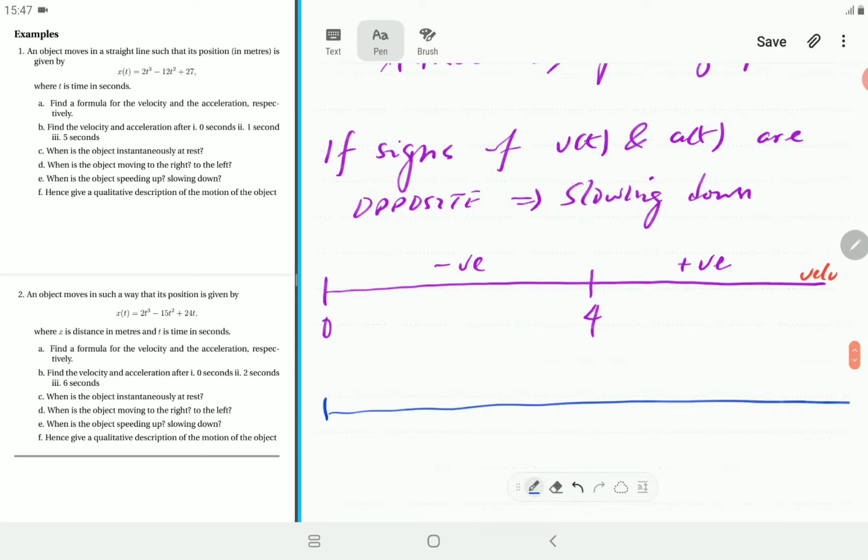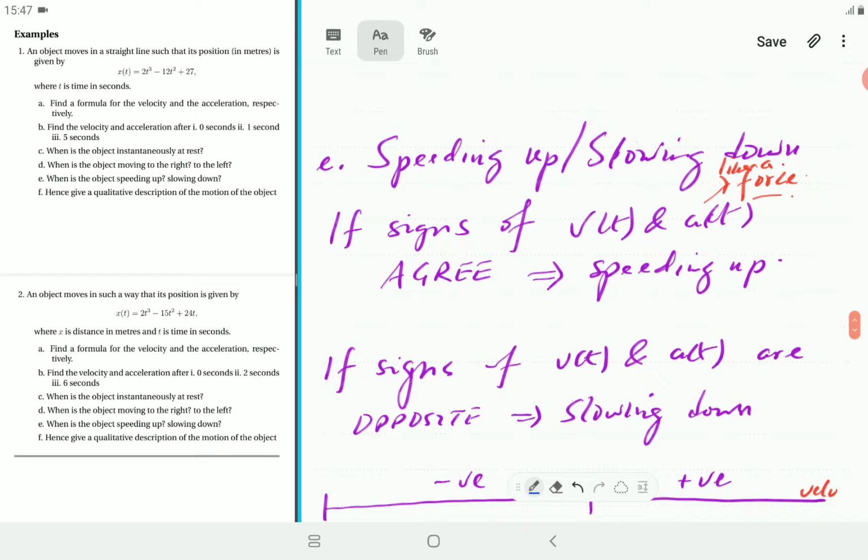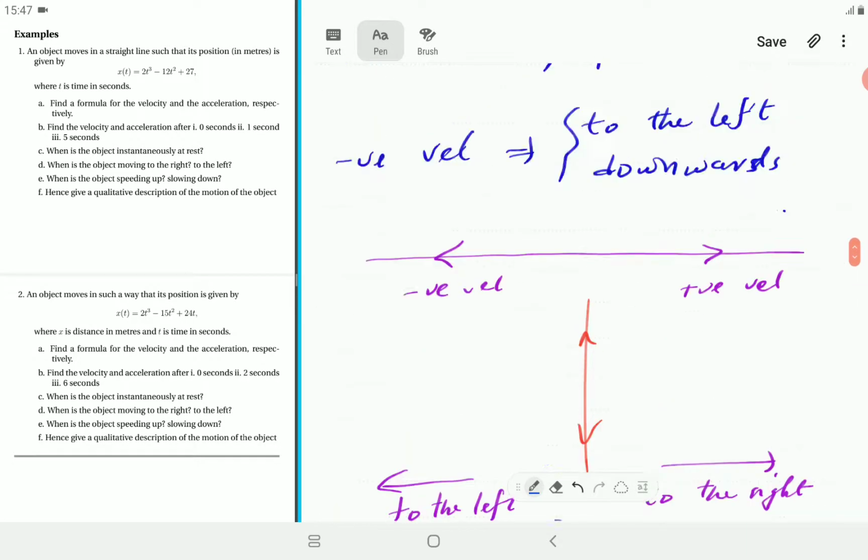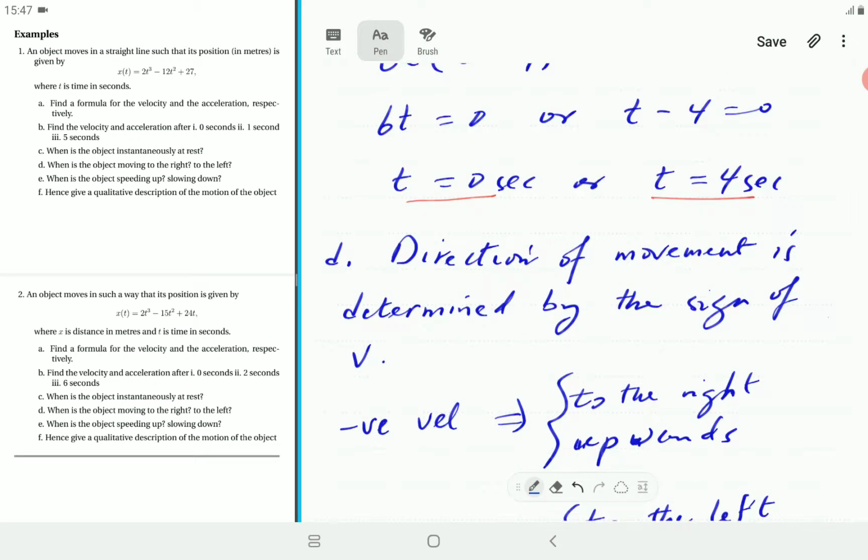We have seen that the acceleration becomes 0 after 2 seconds. Now we've already seen that after 1 second the acceleration is negative.